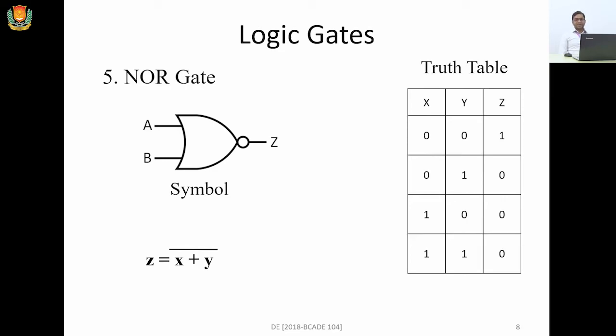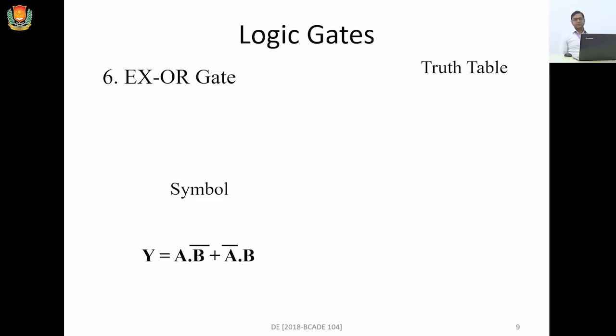If you have in your library or in your lab only NAND gates, you can make any logic, either NOT, AND, or etc. Any logic you can make only with the help of NAND logic, and the same for NOR logic. NOR logic is also a universal logic gate. Okay, we will realize all the logic circuits with the help of these universal logic gates.